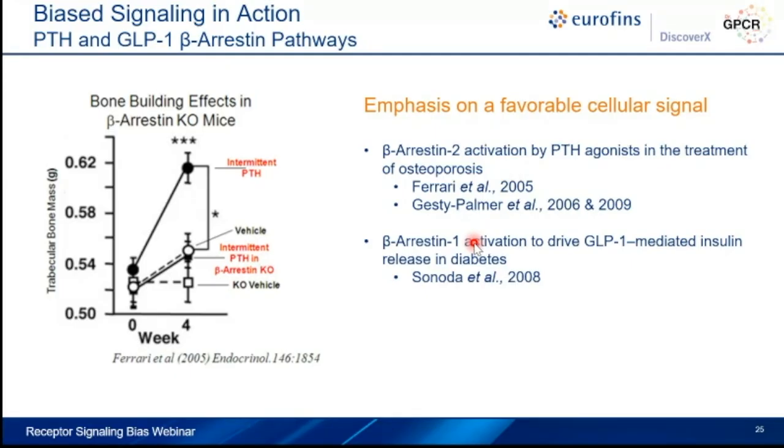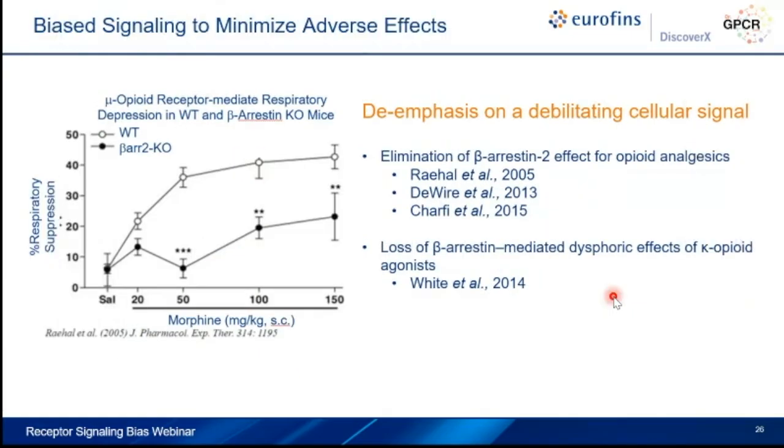So you may want an agonist that is biased towards that signal for that outcome. GLP-1, same thing. And there are a host of ideas out there. How can we emphasize a good signal? So that's one way. Second way is de-emphasize something you don't want.